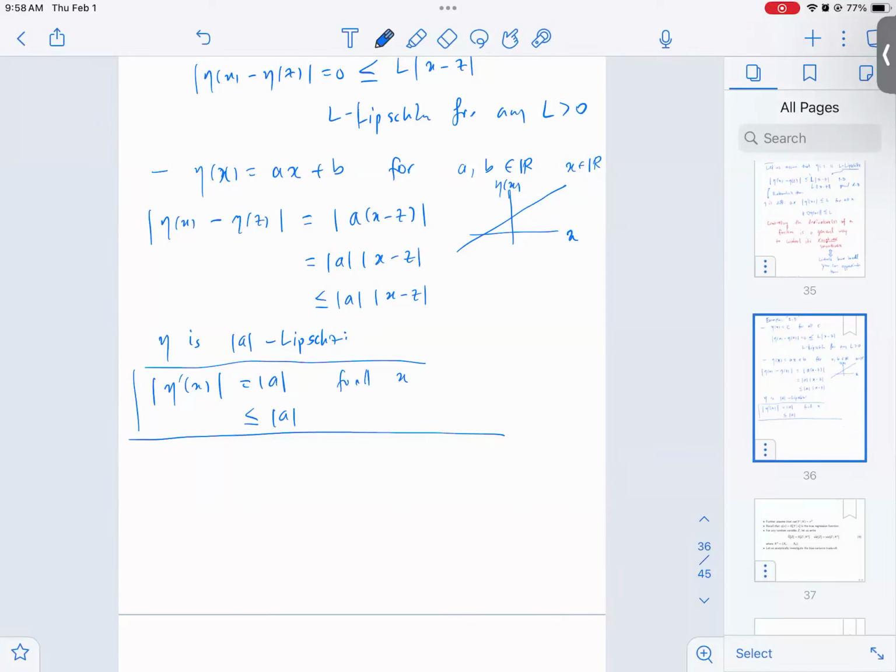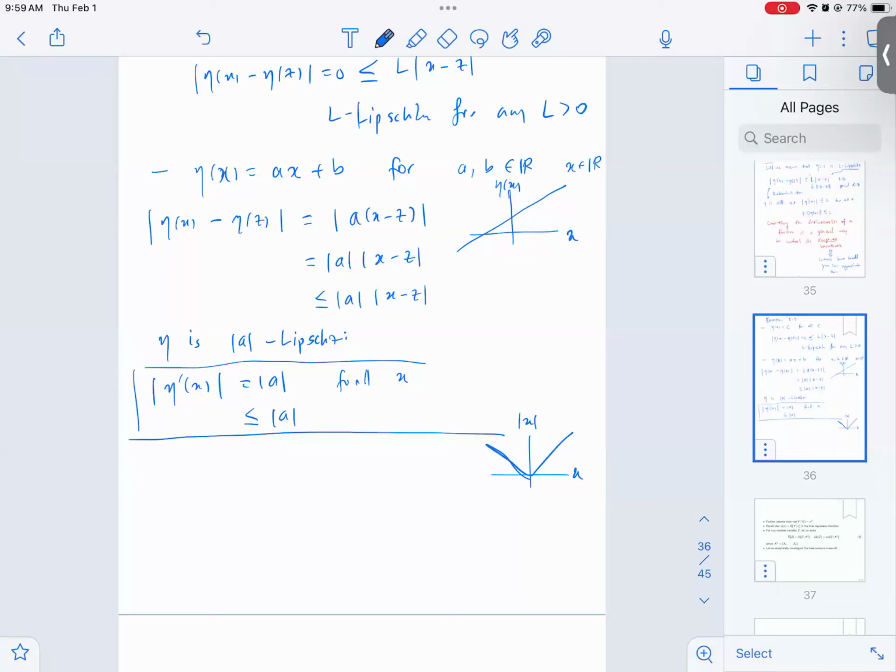Modulus of X. Is this not Lipschitz? Rademacher's theorem tells you that it has to be almost everywhere differentiable.